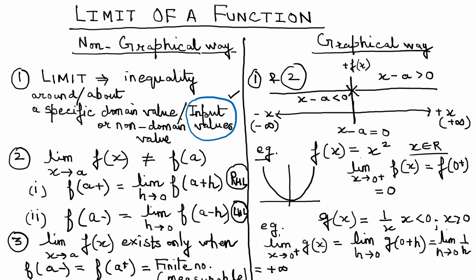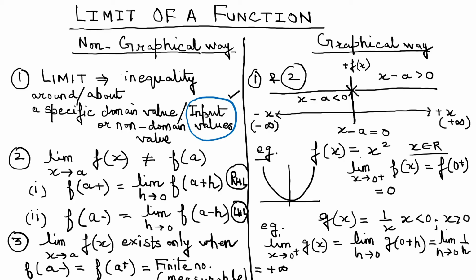Now, we have already found out the right hand limit. Before we go ahead finding out the left hand limit, we know that the limit exists only when each of the right hand side and the left hand side have a finite value.